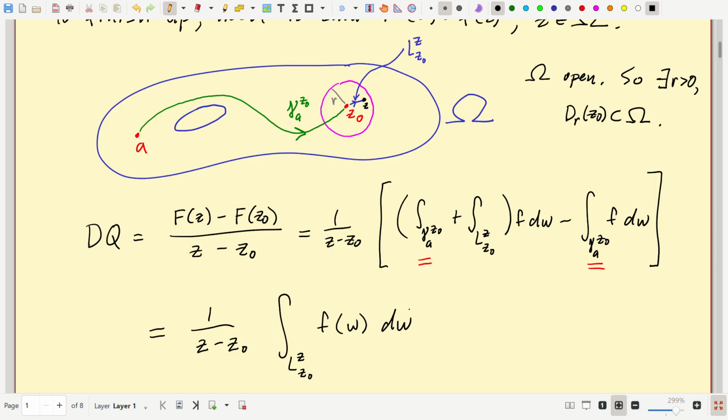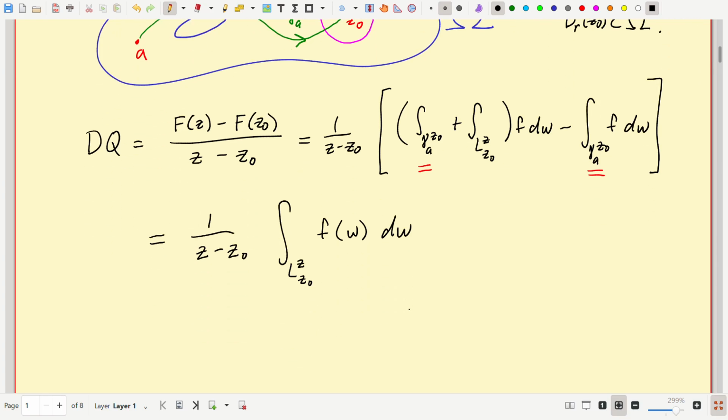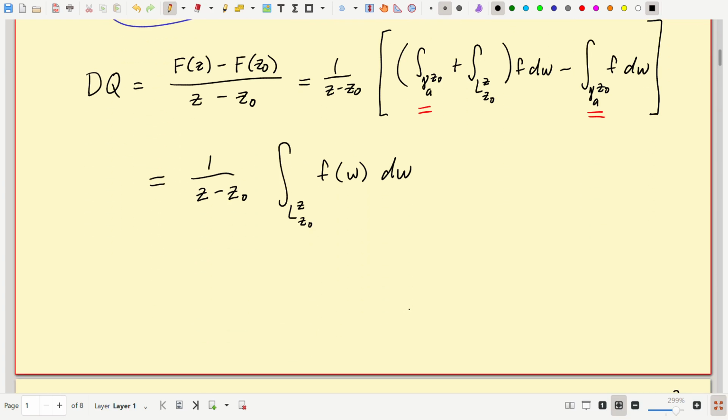I expect this limit to tend to f of z naught. And notice that f analytic near z naught implies that it's continuous. We know that fact.